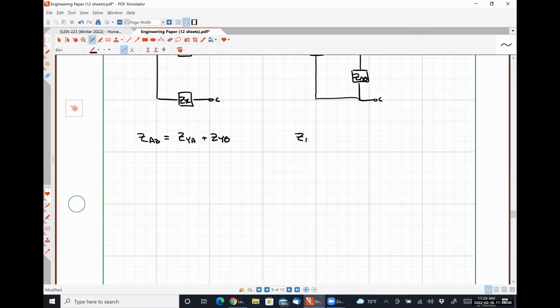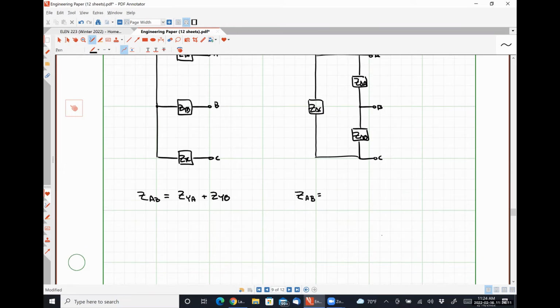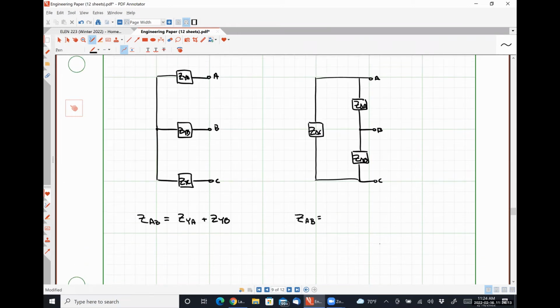Now let's look at the impedance seen between terminals A and B for our delta connected load. Justin, what do we see? Between A and B. So we're looking in right here. This is just an equivalent impedance, which you should have learned to do in engineering 120. Luke, take a crack at it.